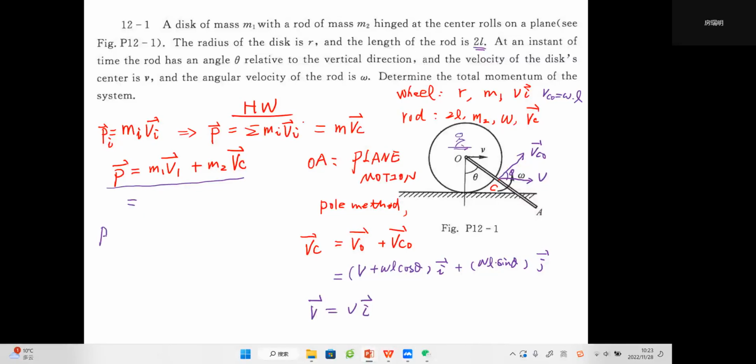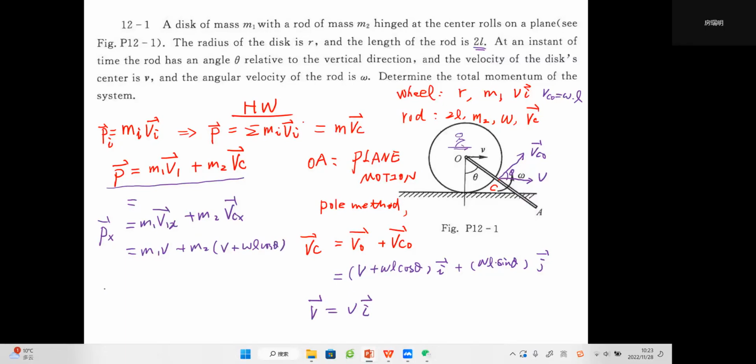So Px will equal M1 V1x plus M second VCx, right? So we can write M1 V, which is the X component, plus M second, and you can find its VCx in here. So we have V plus omega L cosine theta.